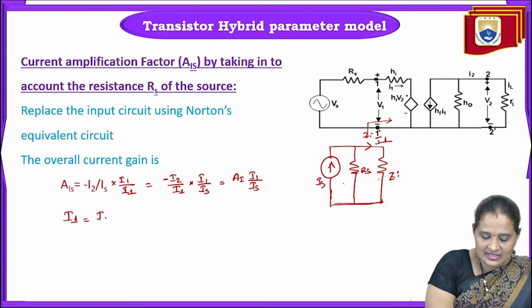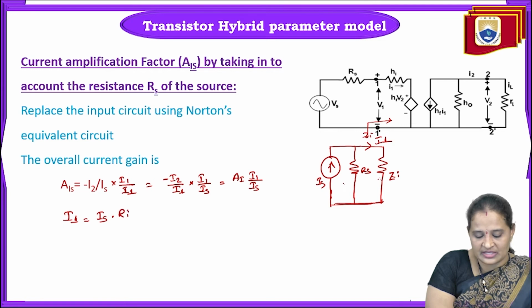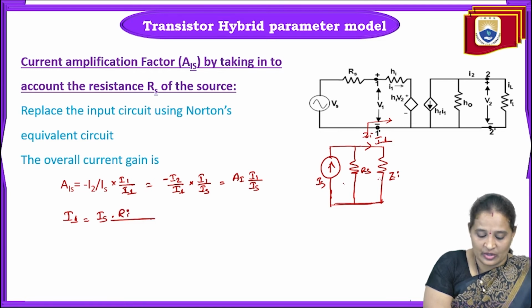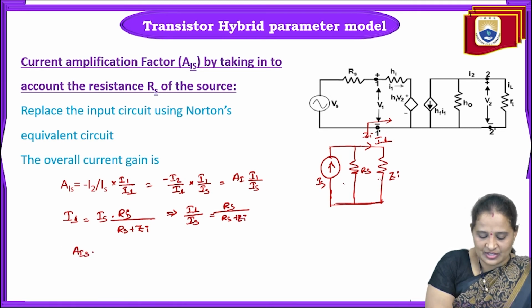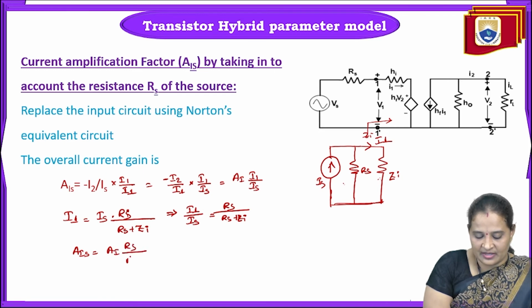So Is is the input current, into the opposite resistance Rs, divided by the total resistance Rs plus Zi. So I1 by Is equals Rs divided by Rs plus Zi. So AIS can be given by AI into Rs divided by Rs plus Zi.